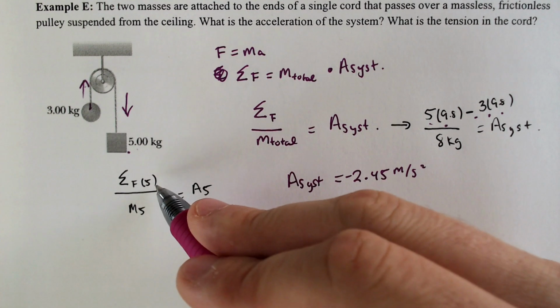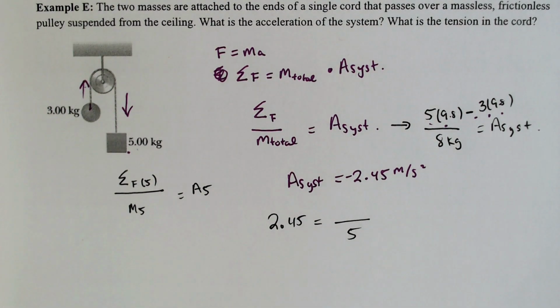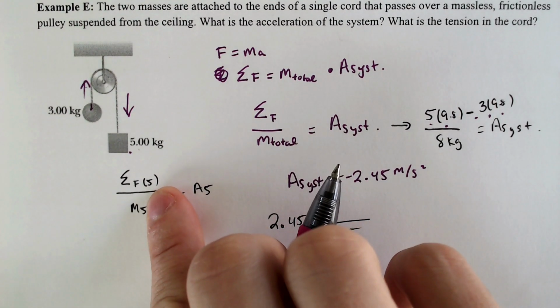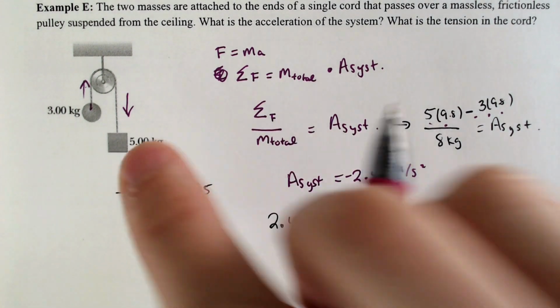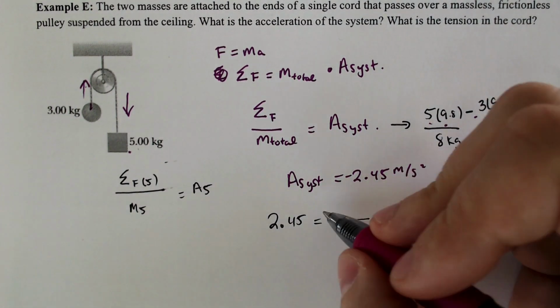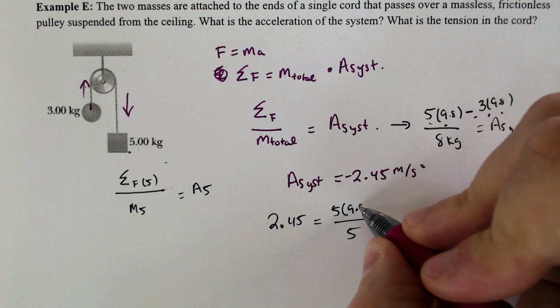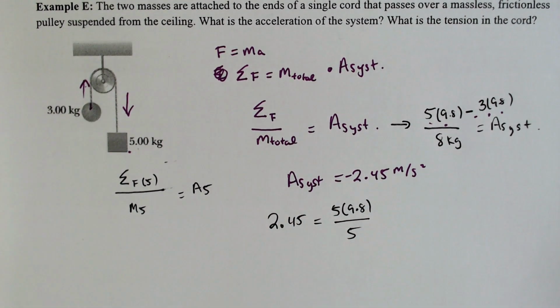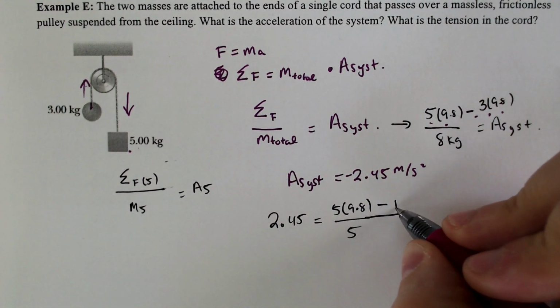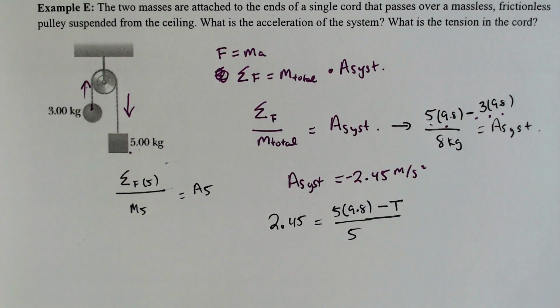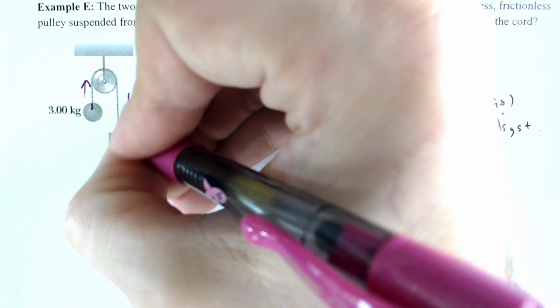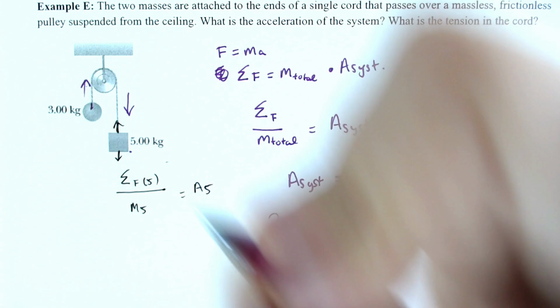What is the sum of the forces? You would have it being fully affected by gravity, 5 times 9.8, but it is being pulled upwards with the force of the tension. The tension is pulling up while gravity is pulling down.